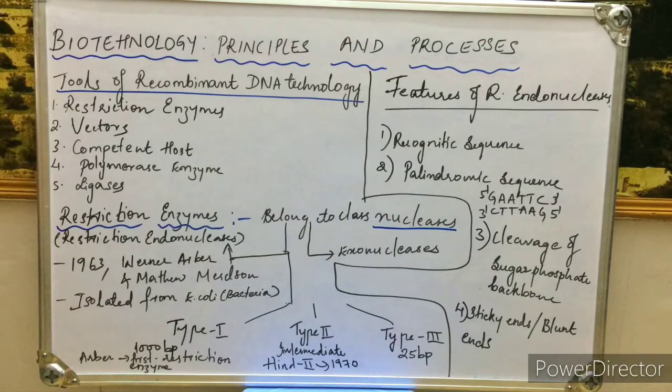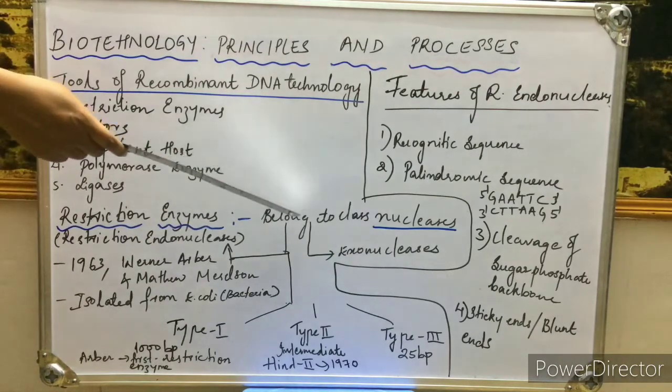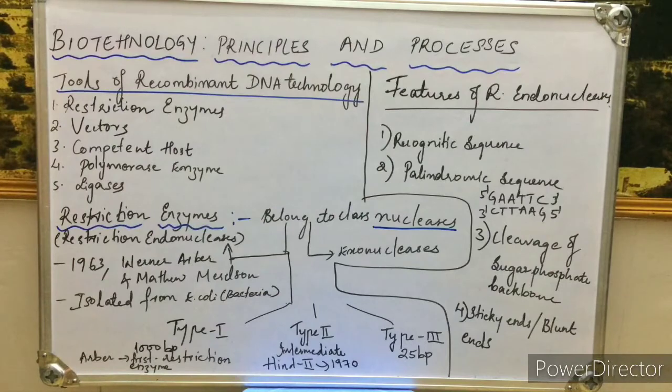So once again you have different types of nucleases: the enzymes that cleave the DNA are known as DNases, and the enzymes that cleave the RNA are known as RNases. So these restriction enzymes belong to the class nucleases.